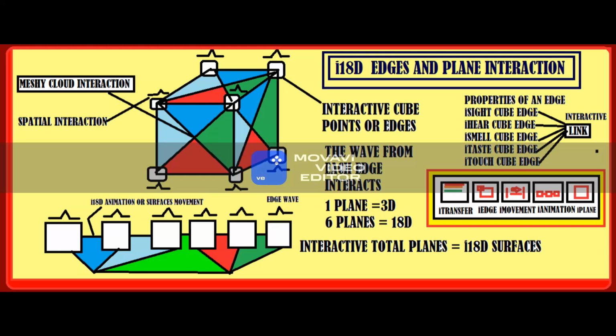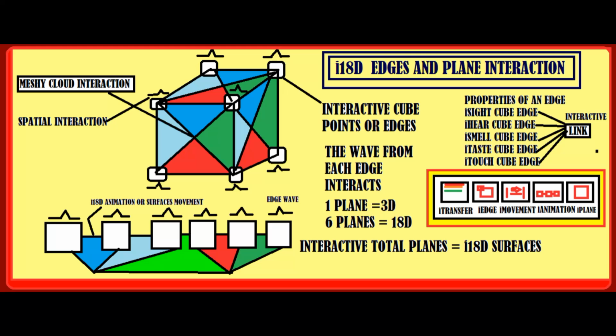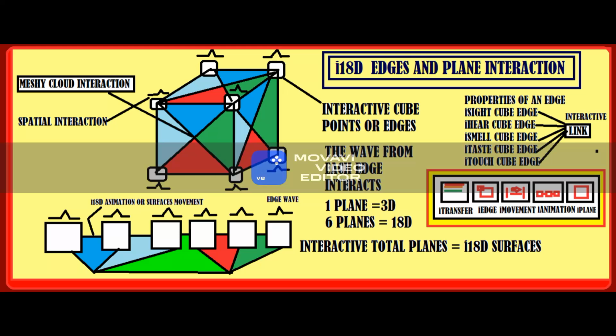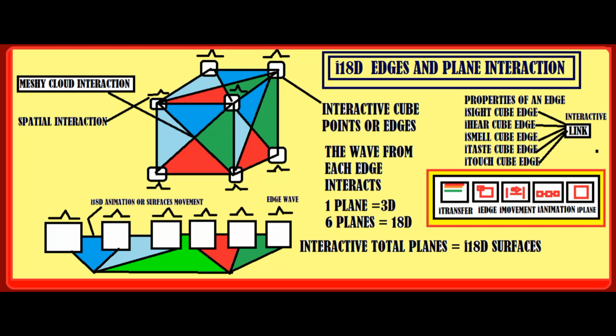And we understood definitely that these planes are interactive, that they interact with one another. And the interaction is really beautiful because when it interacts, there tends to be a movement of the planes. That is how 3D animation came out, through the movement of the edges.